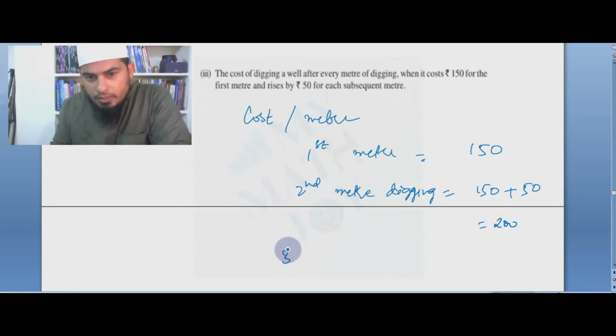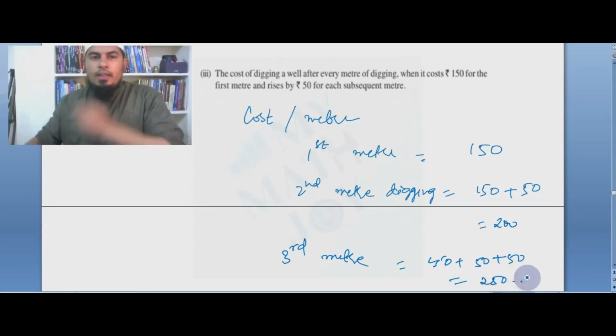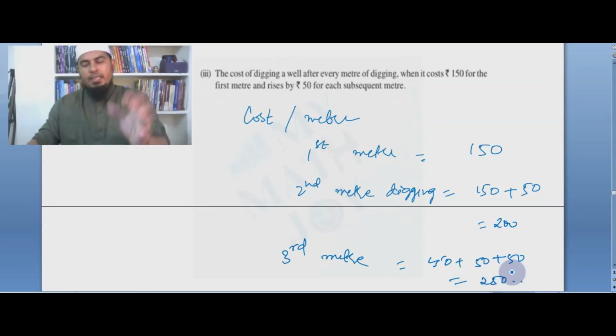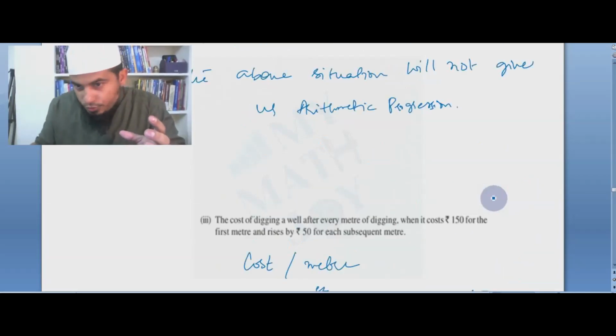For the third meter, it will become 150 plus 50 plus 50, exactly 250, and so on. This situation definitely represents an arithmetic progression. Let's move on to the next question.